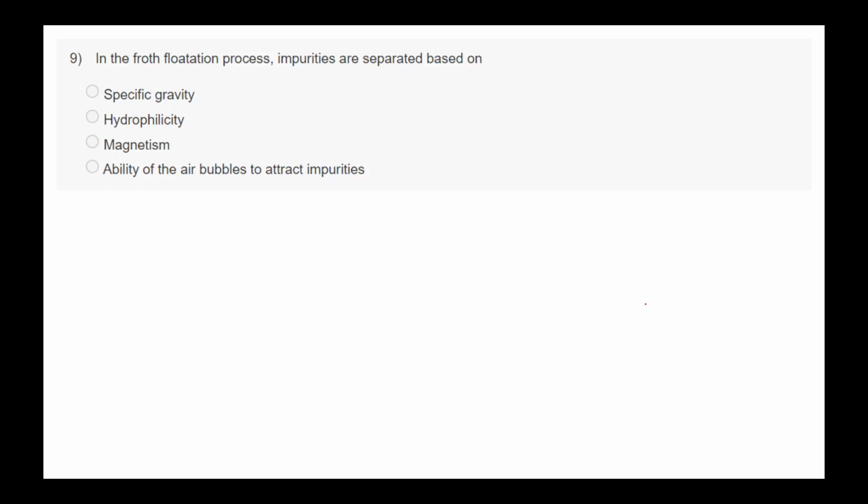In this way you can do this exercise to find the specific gravity of many materials. Suppose carbon dioxide, the specific gravity is very less for that. For some polymers like rubber, it is a little high. So you can calculate the specific gravity of your material, like iron or gold.